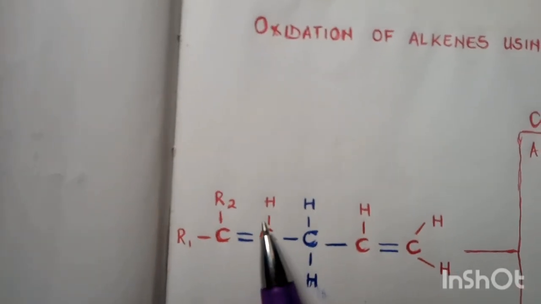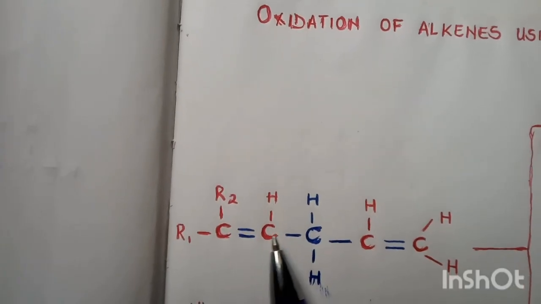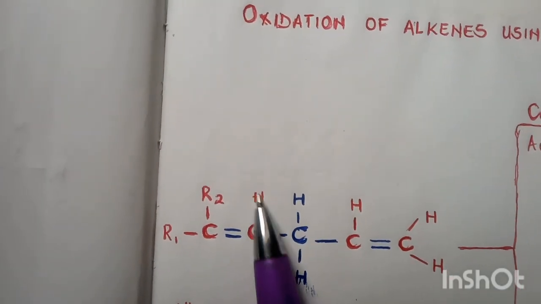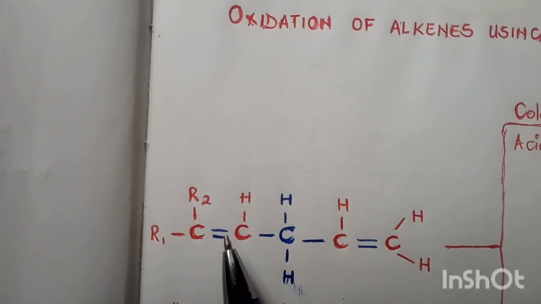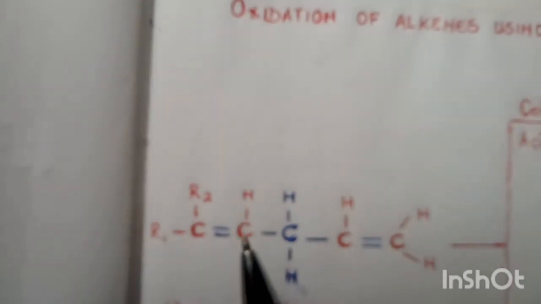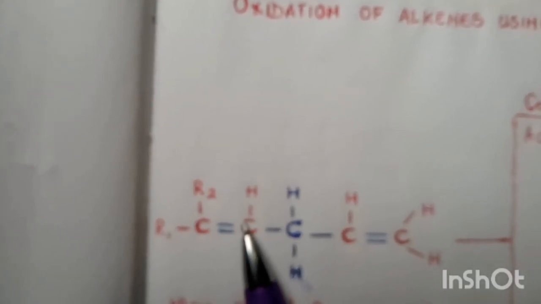So whenever a carbon atom that is involved in a double bond is attached to a hydrogen and a carbon or an alkyl group, this will give an aldehyde at first, which is further oxidized to a carboxylic acid.